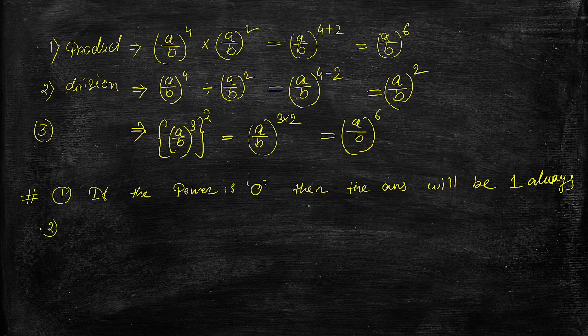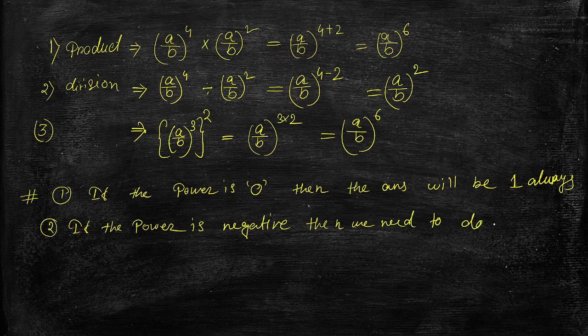Second point, if the power is negative, then we need to take the reciprocal. Without the reciprocal, we can't proceed further.